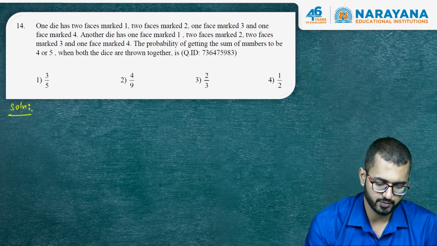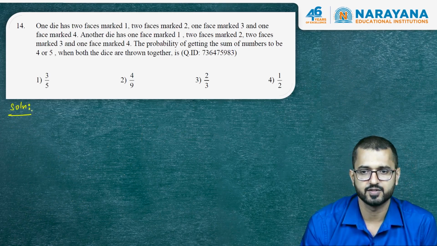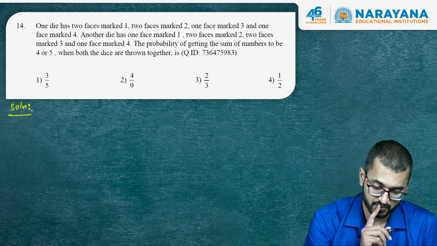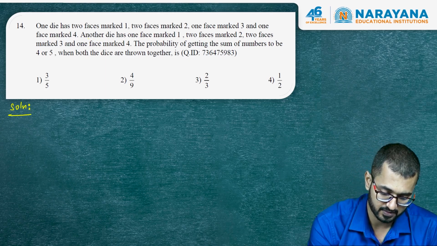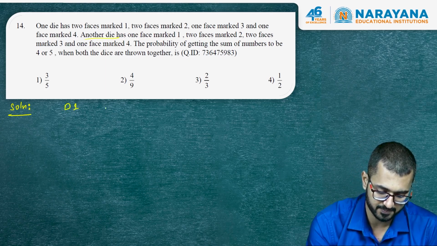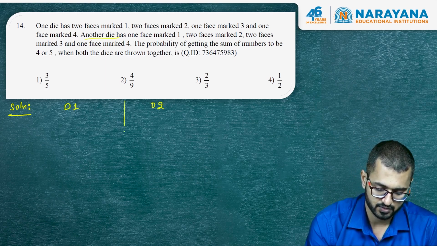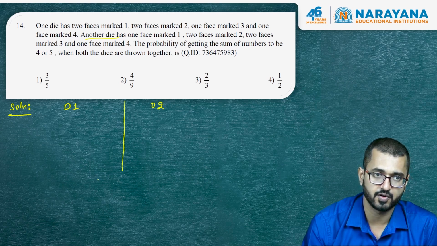So this is a question from probability, and it says that one die has 2 faces marked 1, 2 faces are marked 2. So that means it's a case of 2 dice. So we'll write down here die 1 and here we have die 2. So let's write down what's the problem with die 1.